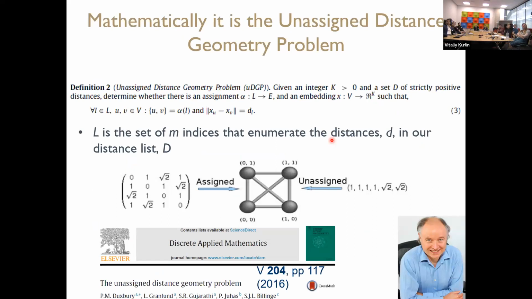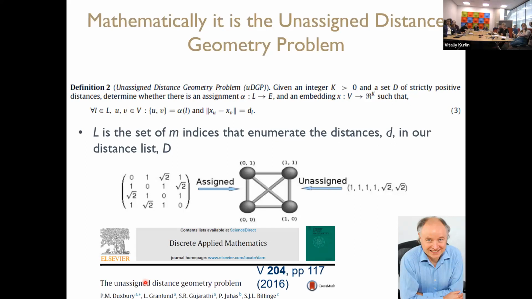So I did a bunch of work on the slightly more mathematical side of this with Phil Duxbury, who was a colleague at Michigan State. And basically we said, okay, there's a distance geometry problem, which is a problem in mathematics, and it's somehow related to embedding distances into Euclidean spaces.